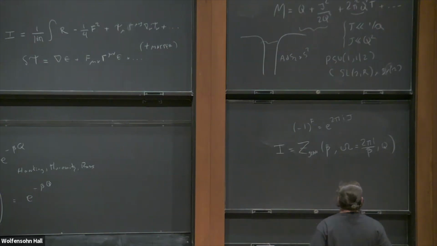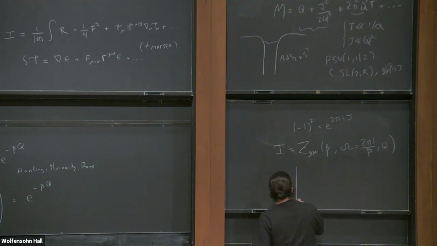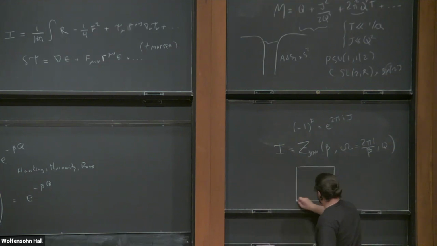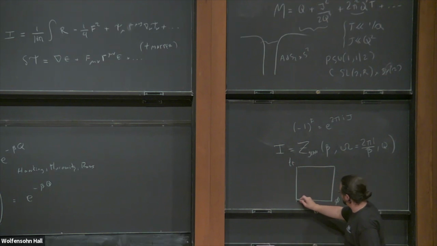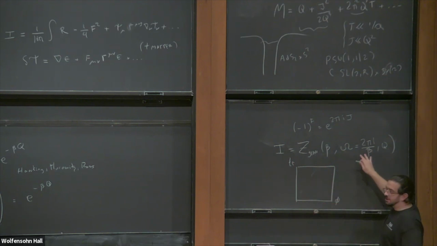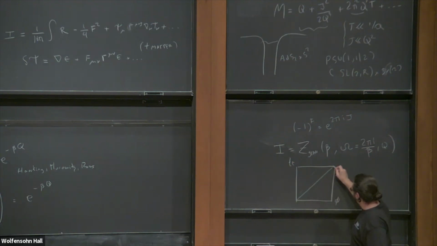So first let me mention how it solves this puzzle with the fermions, whether they are periodic or anti-periodic. If you remember that square that I drew before, where this is phi and this is time, I was drawing the contractible circle to be tilted in this direction. But when we pick this particular value of the angular velocity, the contractible circle becomes this.